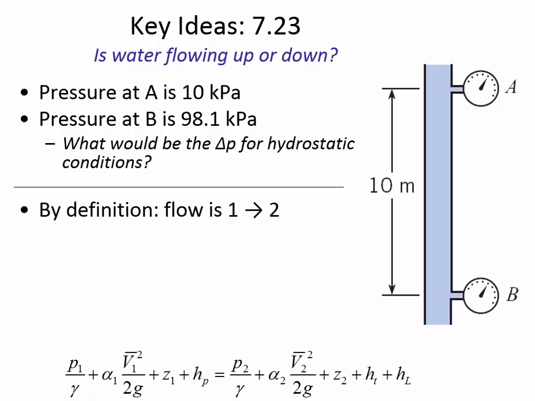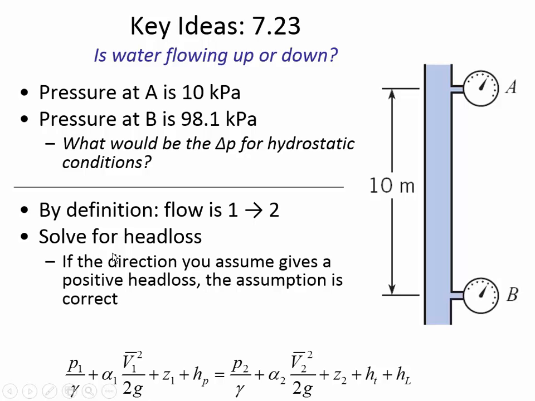It looks like the velocities are going to be the same because the diameter is constant in this pipe. But you'd put in the Z's, Z1 and Z2. There's no turbine. We can look at this drawing and see there's no pump and no turbine. And so you'd solve for H sub L. And if the head losses are positive, then that tells you that your assumption was correct. If they're negative, then that tells you that it's actually the other way around.